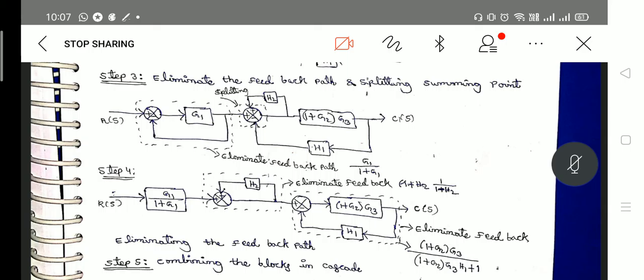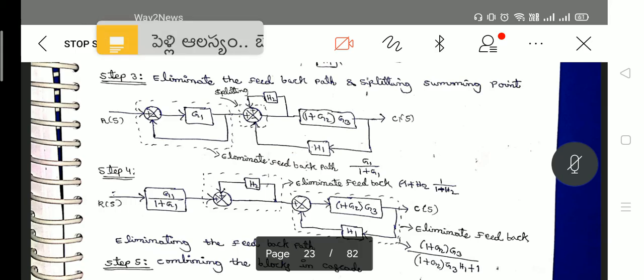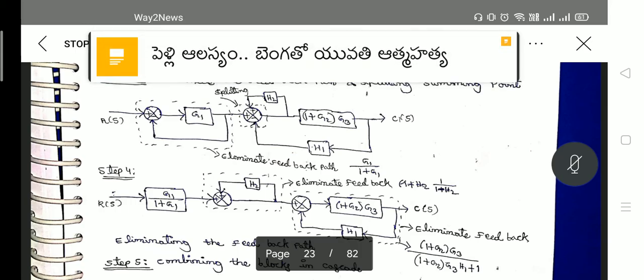So what we'll get, sorry, this is the positive feedback loop. So 1 by 1 plus 1 minus H2, eliminating the feedback loop, and this is eliminating the negative feedback loop. So 1 plus G2 G3 by 1 plus G2 into G3 H1 plus 1.